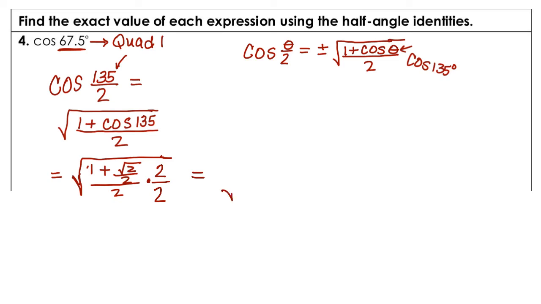So distribute this, so it's going to be 2 plus, when I multiply it here, those 2's are going to cancel, so you're going to be left with root 2. And then all of that is going to be over 4. And let that be your final answer.